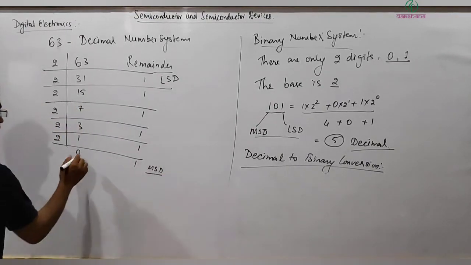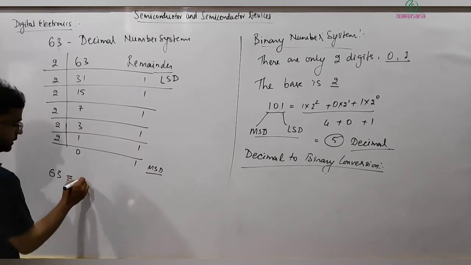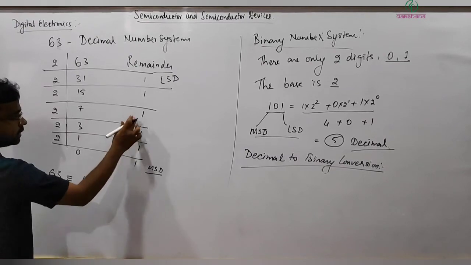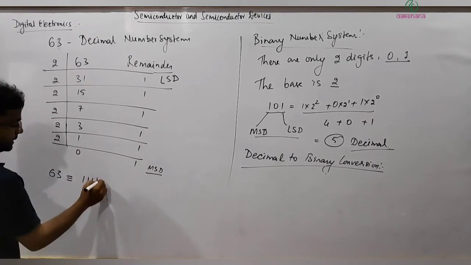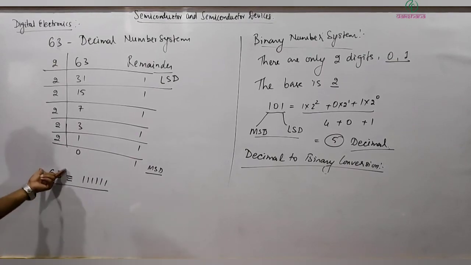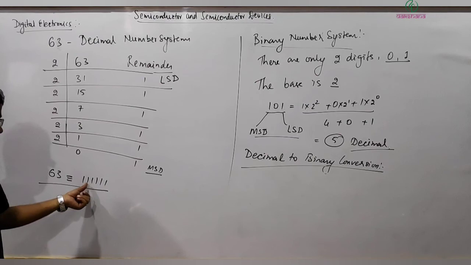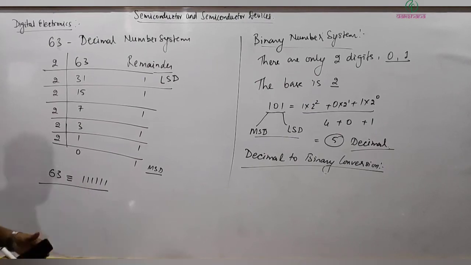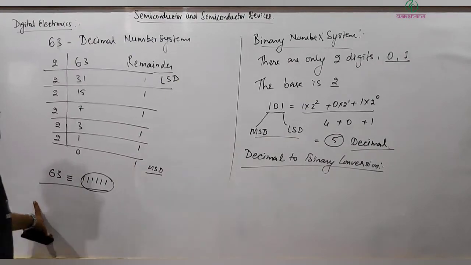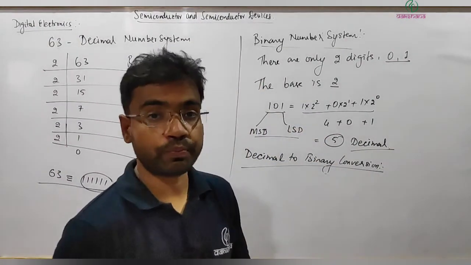So let me write. Now here 63 in decimal is equivalent to, this one will be written, the next one, and the next one, and the next one. So this is 63 in decimal, and this is 111111 in binary. Now see, let's convert this also back into decimal. For conversion we will use the same process, with base 2.